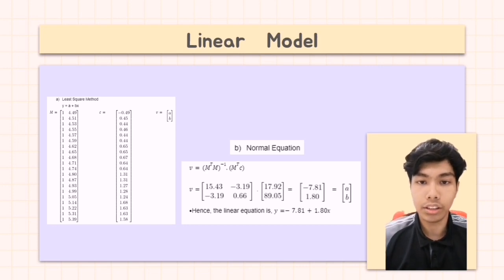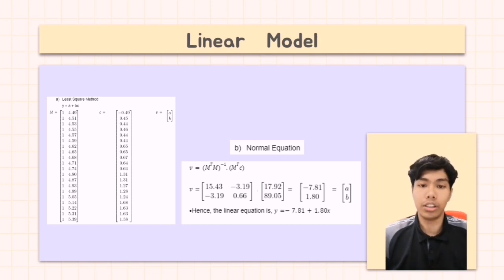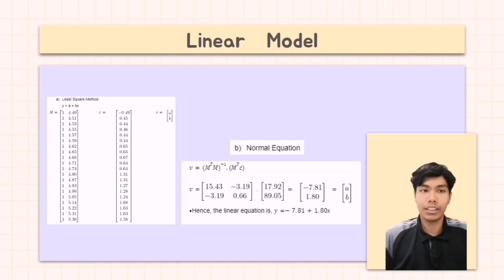To solve the least square method using the linear model equation, first we need to find the matrix. We can declare the matrices M, C, and V. The M matrix is the deaths per 1,000 people, the C matrix is the annual death rate for Malaysians in every year, and the V matrix is the A and B. Next we need to find the normal equation.